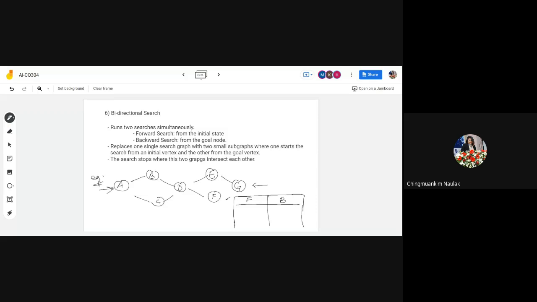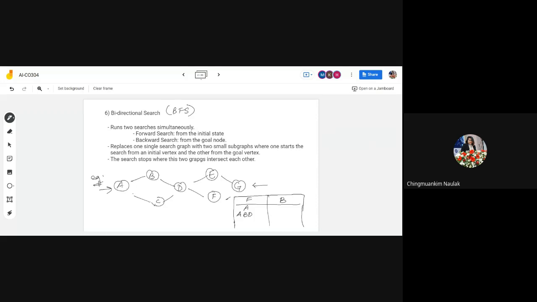For the forward search, you start from the initial state. This is the initial state. This bidirectional search is following breadth first search. So now we start from A. In breadth first search, we write all the adjacent nodes, right?